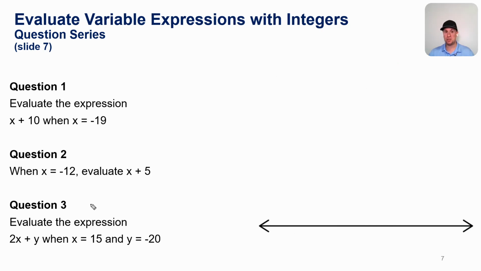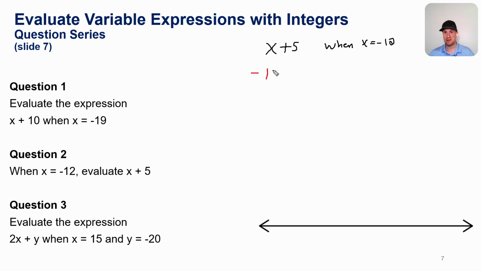Looking at question 2, it kind of switches the order of the structure. It says when x equals -12, evaluate x plus 5, but it's still giving me the expression x plus 5, and then asking me to solve when x is equal to -12. So what we're going to do is substitute -12 into x.